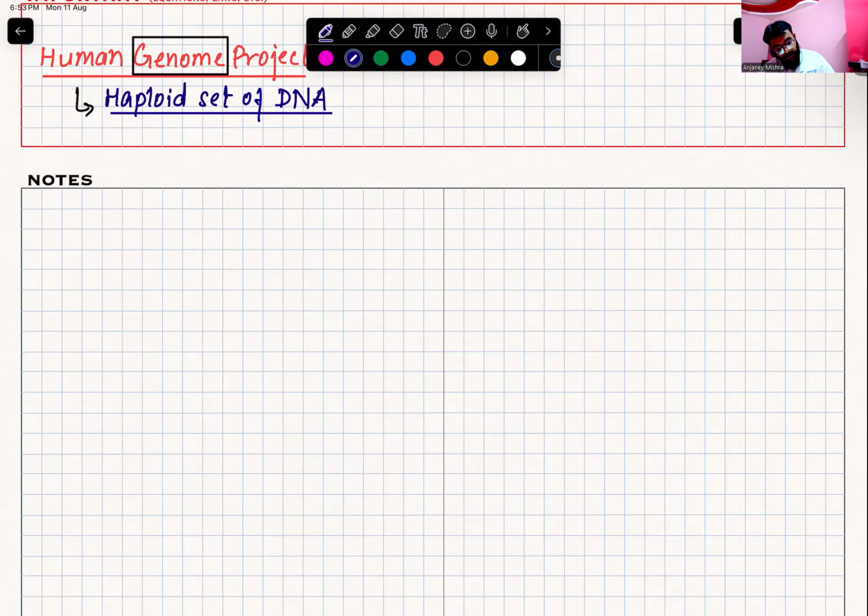What we need to understand is that the DNA sequence is what makes a person. How? The DNA sequence codes for protein, and protein is the expression of the characters.